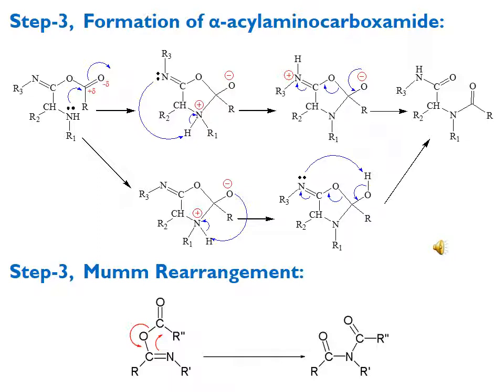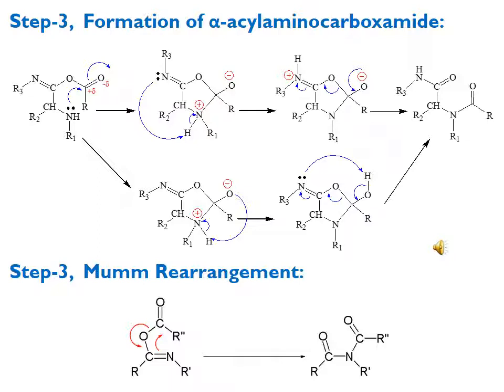The reason is that in sp3 there is less s character, so the orbitals of this nitrogen are not as close to the nucleus, and so the lone pair is easier for nucleophilic attack. But in sp2 hybridized nitrogen, due to large s character, the orbitals are near to the nucleus.